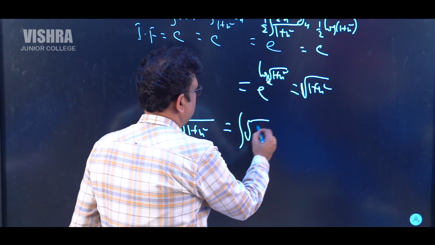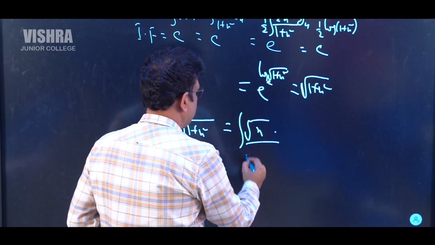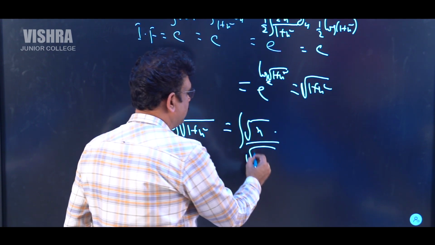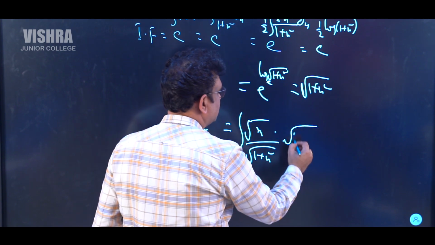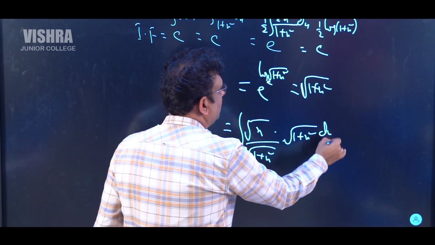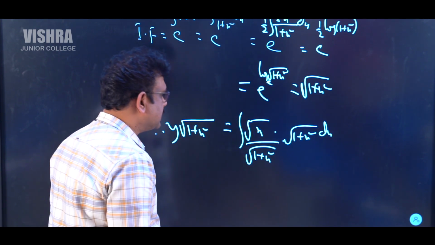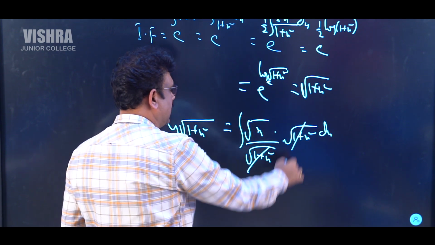Integral root x by root 1 plus x square into root 1 plus x square into dx plus c, both are cancelled.